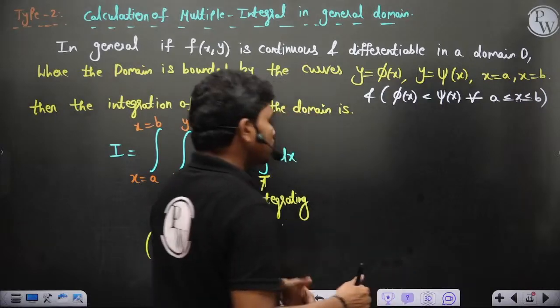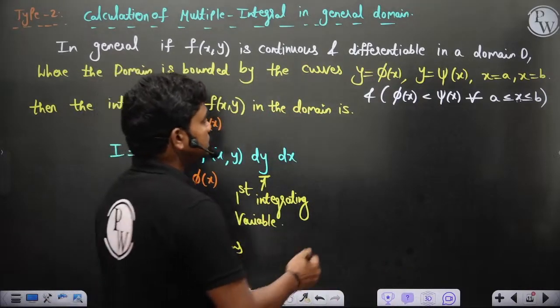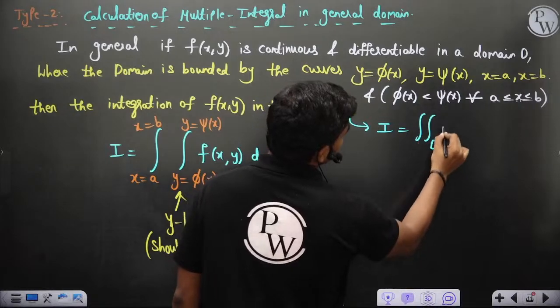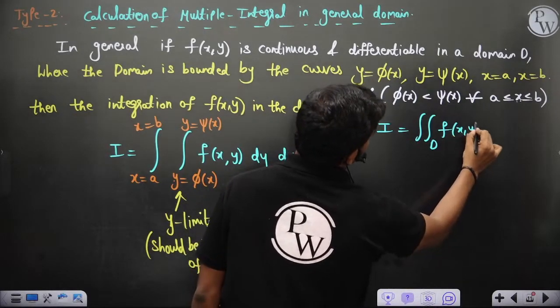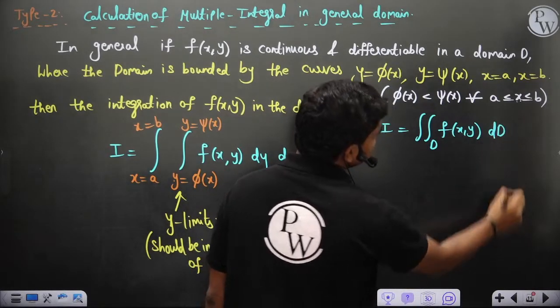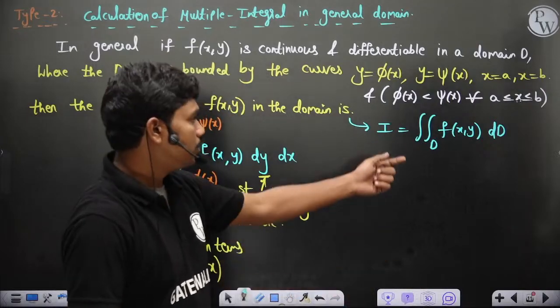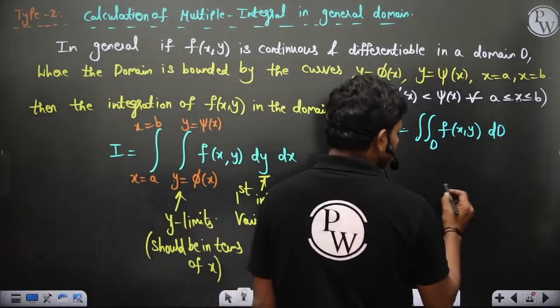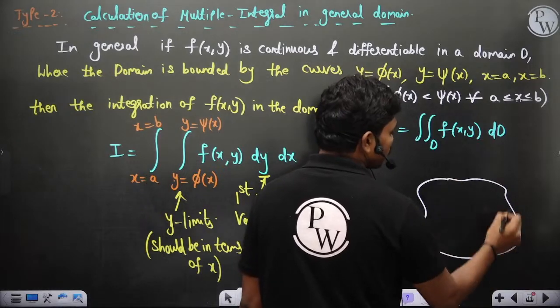Okay, we'll go for change of order of integration later. In general, it is defined as I is equal to the integral over the domain D of f of x comma y dD. This dD in Cartesian is dx into dy, because the function is in the form of x comma y. So let's say for example you have a domain D which is bounded by some curves.